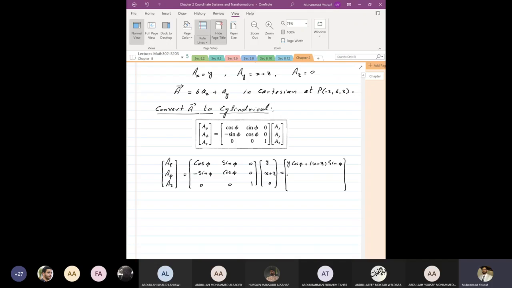Then negative y sine phi plus x plus z cosine phi plus 0, 0, 0. The third one is 0. Okay.